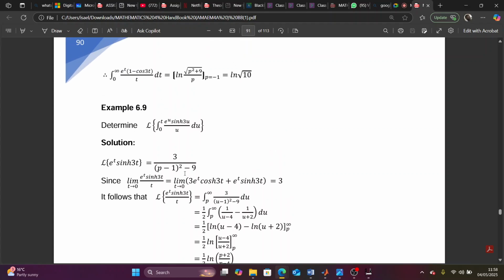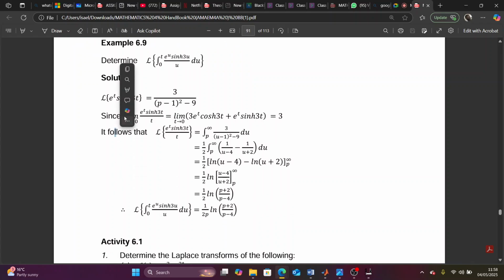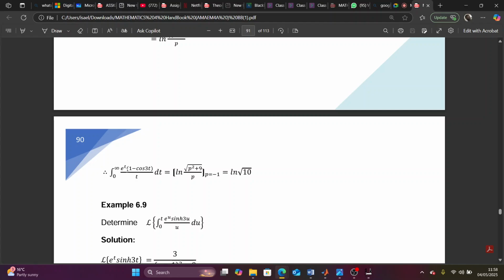Okay, Mr. Trinity, here's another example. It goes with the same thing, my brother. First step here, what do we do? We prove the existence. And then we get the Laplace normally of the function on top. Look what's happening: you've got e and you've got this function here.